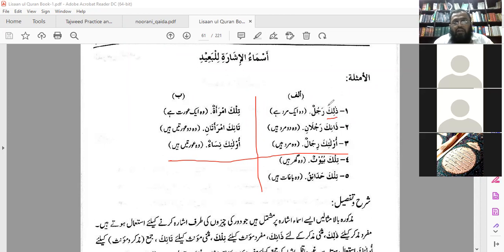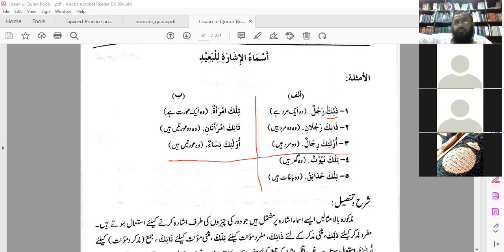Now, dhalik is ism ishara, mubtada, and rajulun is khabar. Remember this thing. If there is alif lam on rajul, then it won't be mubtada and khabar. I repeat, if I say dhalika rajulun, dhalik is ism ishara mubtada because it is marifa, and rajulun is nakira and khabar. He is a man.